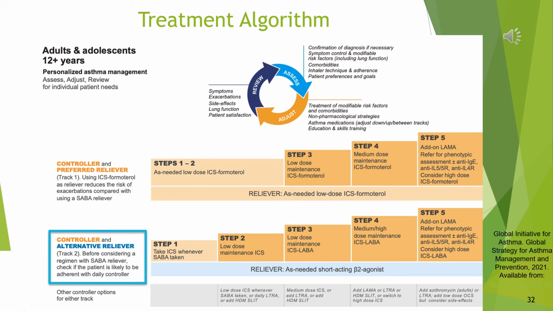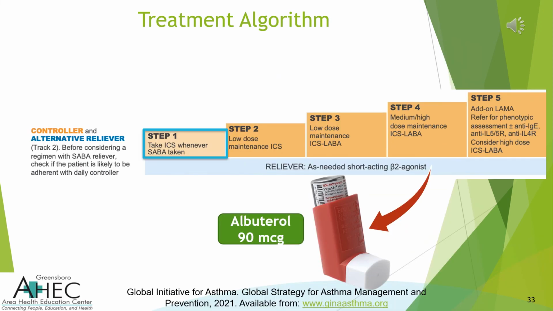Now let's compare to the second track in the treatment algorithm. The second track shows the older recommendations that we are familiar with. So the reliever is the as-needed short-acting beta agonist, or albuterol. It's important to point out that using a SABA alone as needed is not recommended.